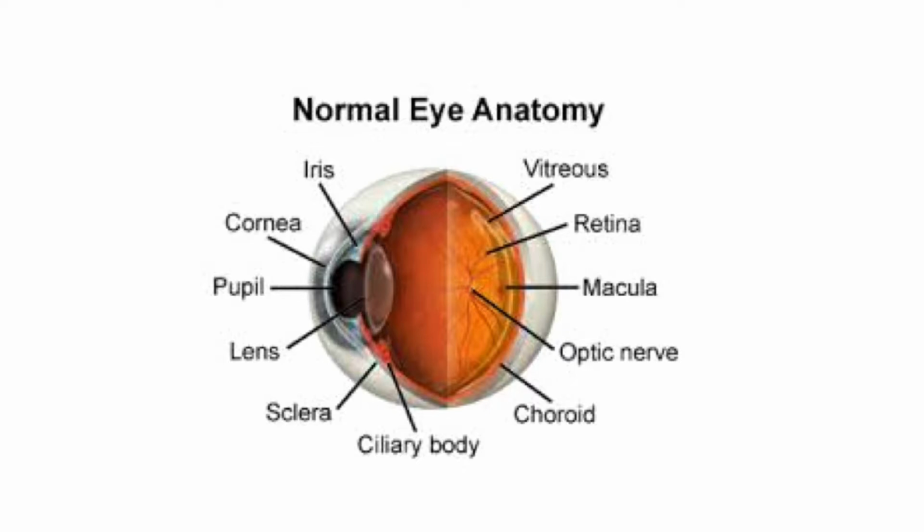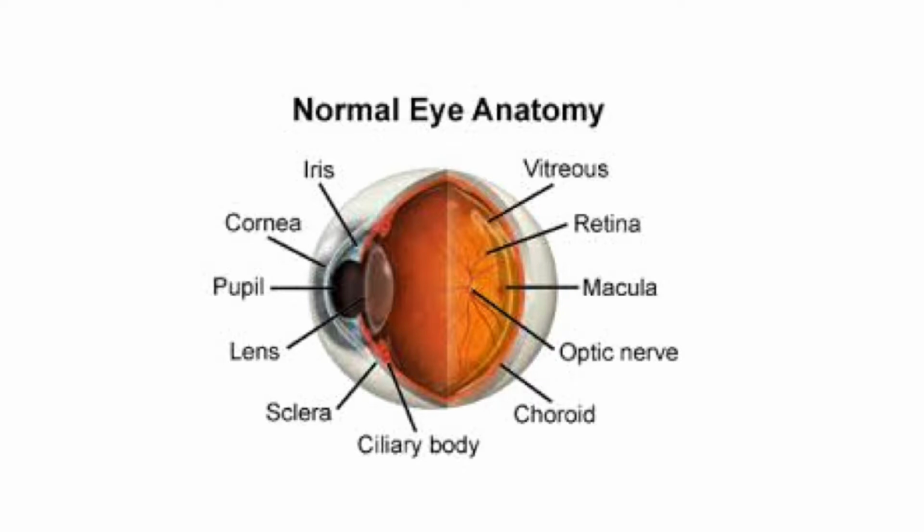The iris is the colored part of the eye. And then you can see the lens, which is basically a clear, transparent structure that sits behind the pupil. That light that's entering the pupil gets reflected onto the back of the eye, which is the retina, the macula.